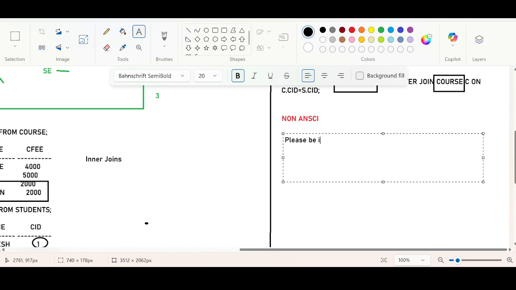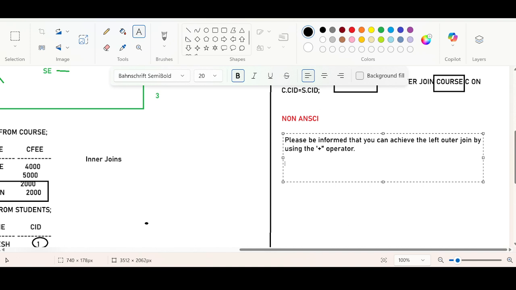Please be informed that you can keep the left outer join by using the predicate operator or plus operator. Using the plus operator.